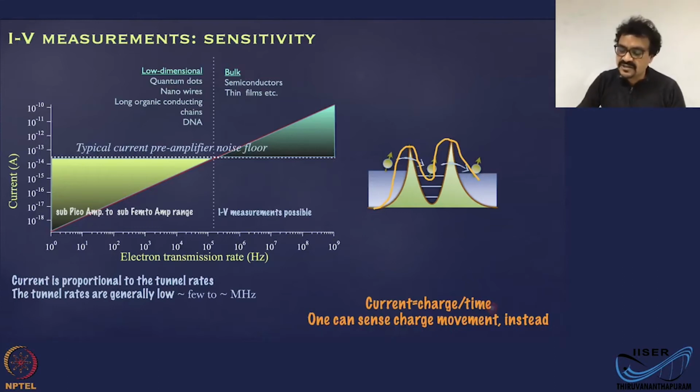Current is basically charge per unit time, so you can sense the charge movement and back calculate what the current through it is. But even for quantum dots, what is more important is to know whether there is an electron or not, or what the charge state of the dot is, which is more important than measuring the current. So measuring the charge is actually more straightforward for a quantum dot than measuring the current through the device. So that is the take-home message here.